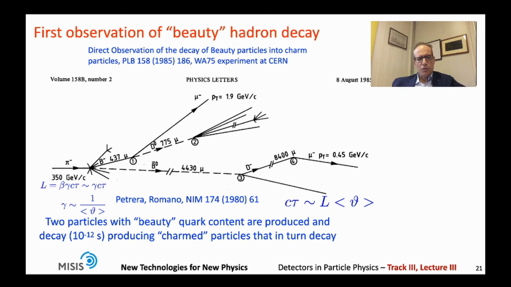Two beauty hadrons are produced, one neutral and one charged. They decay to a charmed hadron, and then the charmed hadron decays in turn. So there is a cascade of beauty to charm and charm secondary decay. So there are basically the production vertex of the beauty, the two decays, and then the two additional decays of the charm.